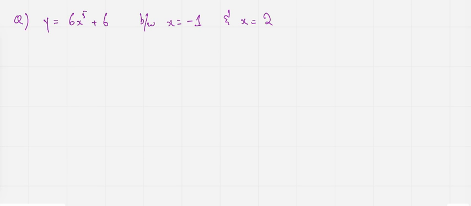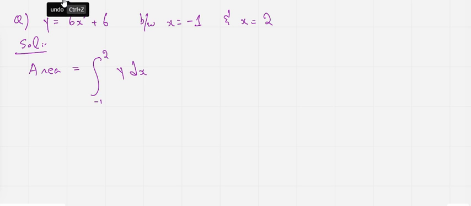So you see we are going to use the formula that we have just discussed. The area under this curve is going to be calculated with the help of this definite integral. Here my y is equal to 6x to the power 5 plus 6, so I'm going to replace y by this expression.